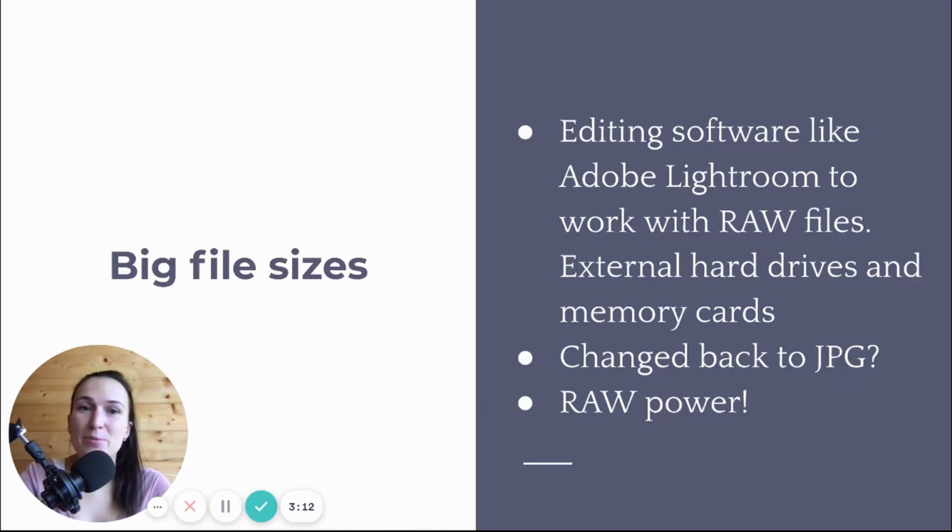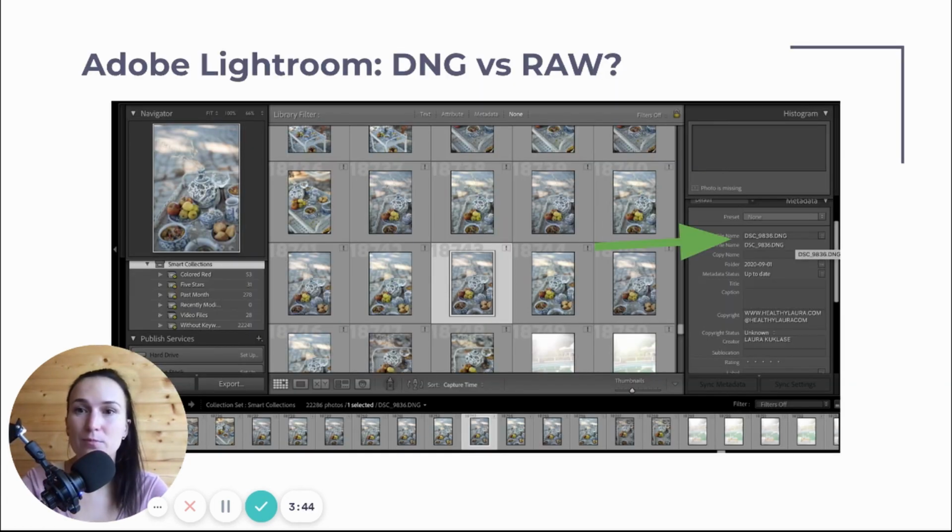Why you need this is, as I was saying, editing software like Adobe Lightroom: you definitely need to use the raw files to edit and process them. And you definitely need external hard drives and bigger memory cards. A raw file in general has so much power, and you can see a huge difference as you go deeper into photography.